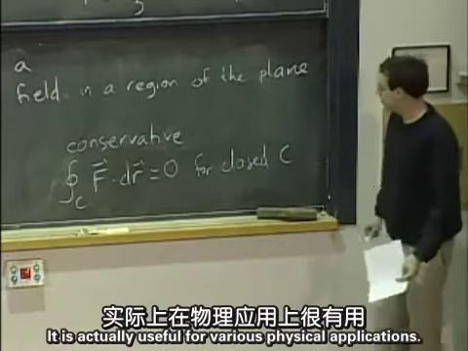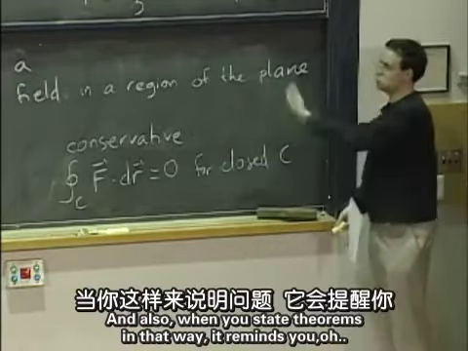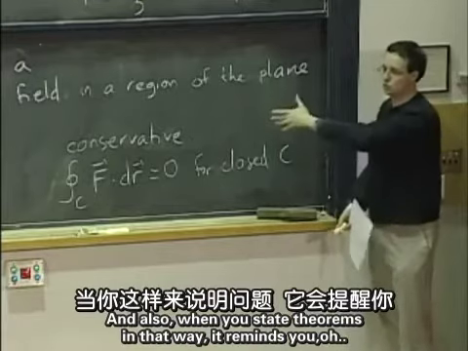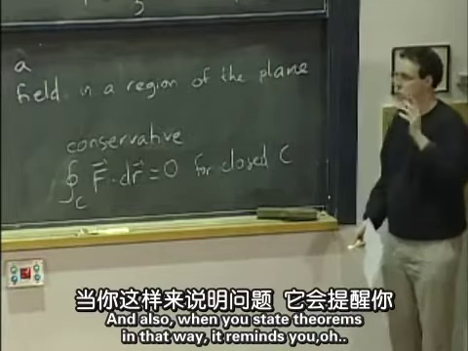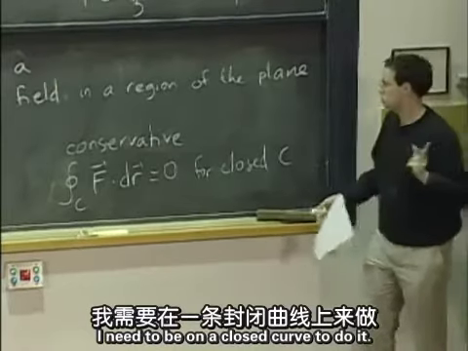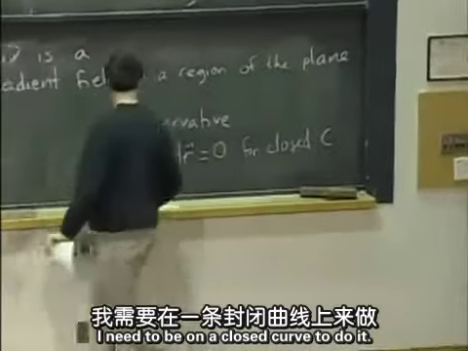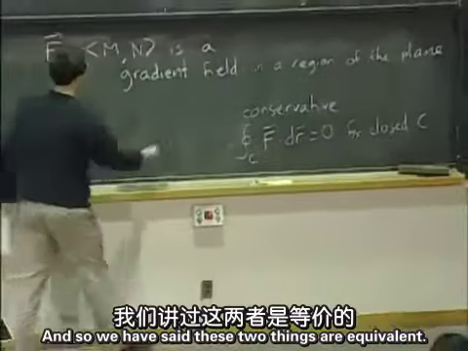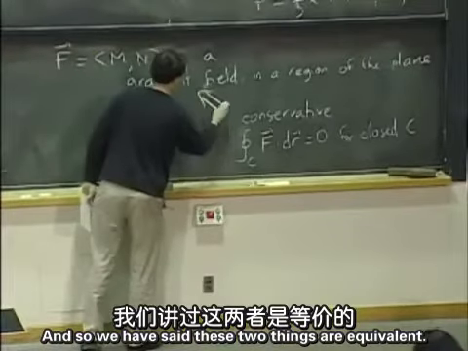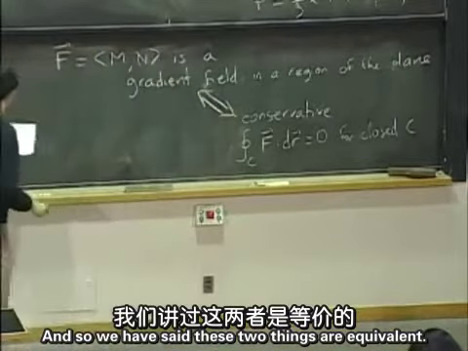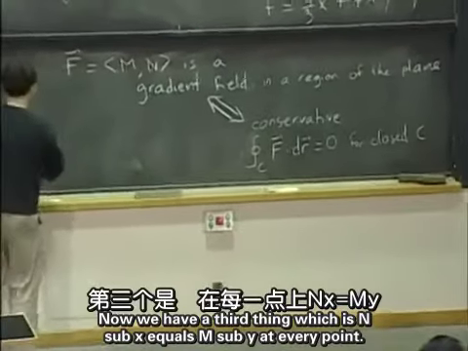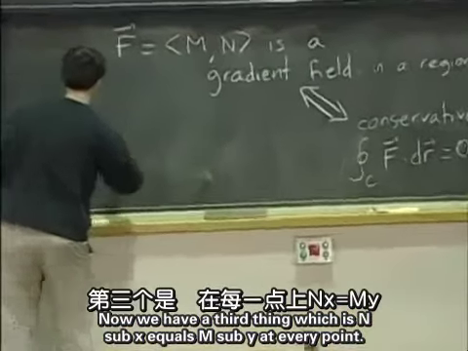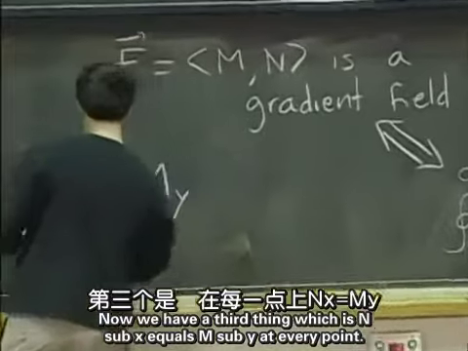It's actually useful for various physical applications, and also, when you state theorems in that way, it reminds you, oh, I need to be on a closed curve to do it. And so we said these two things are equivalent. And now we have a third thing, which is N sub x equals M sub y at every point.